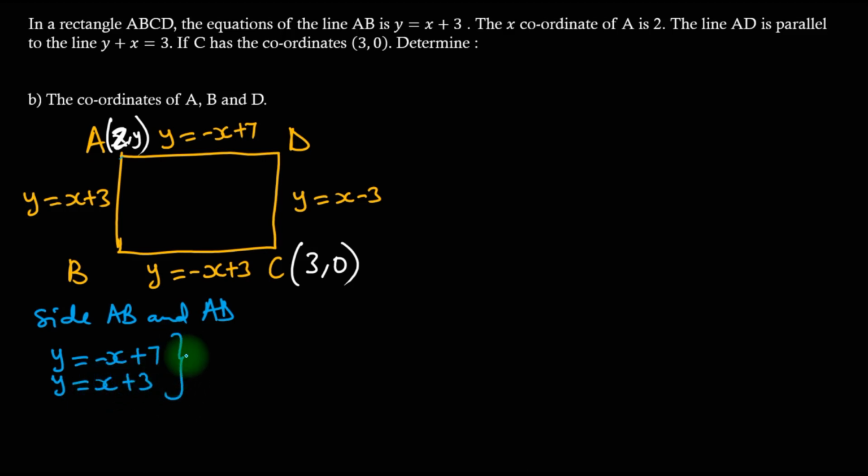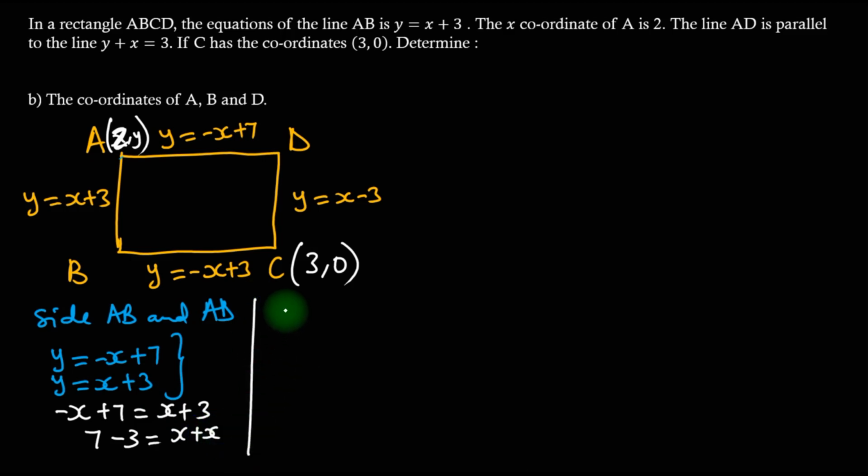So we are going to equate the two equations such that we have minus x plus 7 is equal to x plus 3. Take this to the right hand side, so we have 7 minus 3 is equal to x plus x.